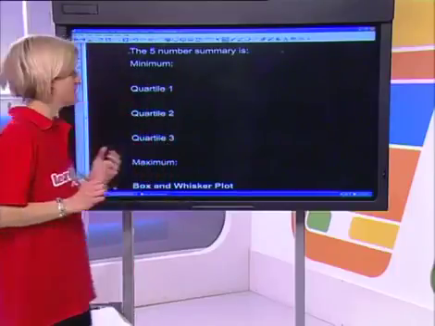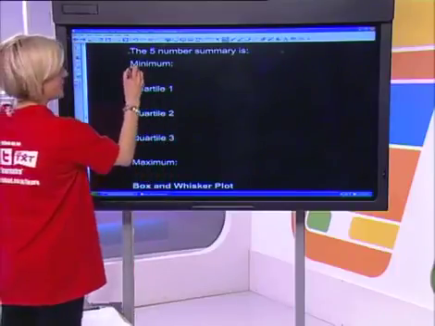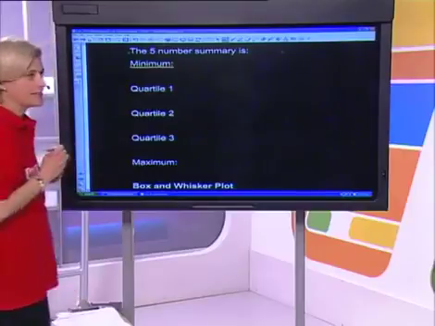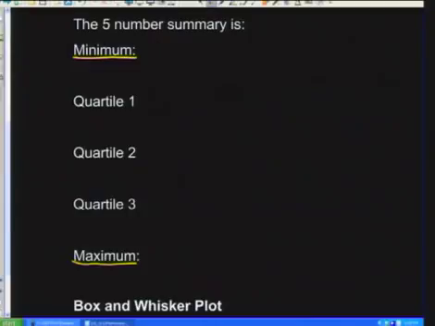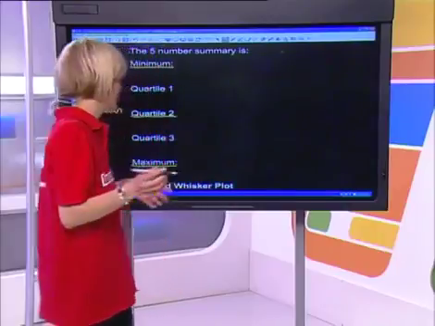So for the 5-number summary, you need to have the minimum data value. You also need the maximum data value. The next value that you need is quartile 2, also known as the median. Remember, the median is the middlemost value if you've divided your data into 2 equal pieces.